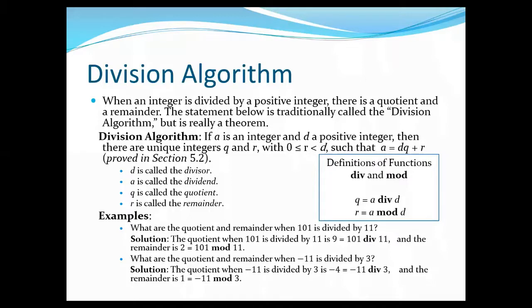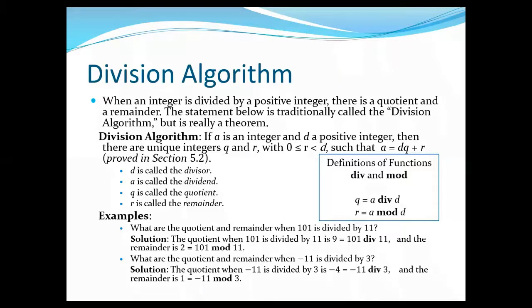So therefore, we could not have a negative 2. That's why we need to adjust our quotient. So instead of negative 3, we're going to make it negative 4. So when we multiply negative 4 by 3, we have negative 12, and the result should be negative 11 as your dividend.